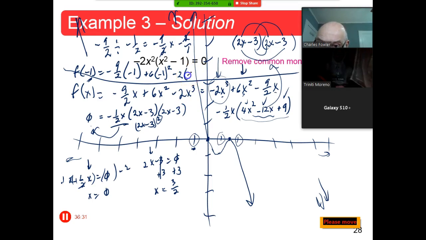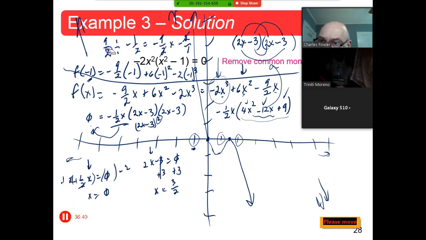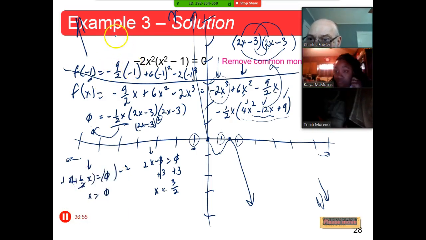Okay, I'm going to have some more room here, so I'm going to erase some stuff. It's just stuff that we were playing around with, getting our other answers. So let's get some of this erased here. Okay, and maybe we can see what we're doing better. Okay, so -9/2 times -1 is going to be what? +9/2.